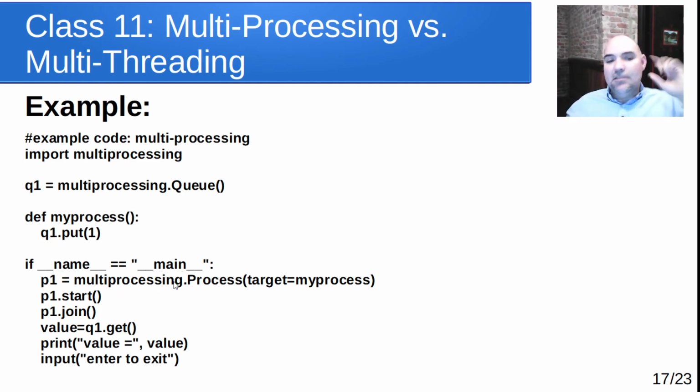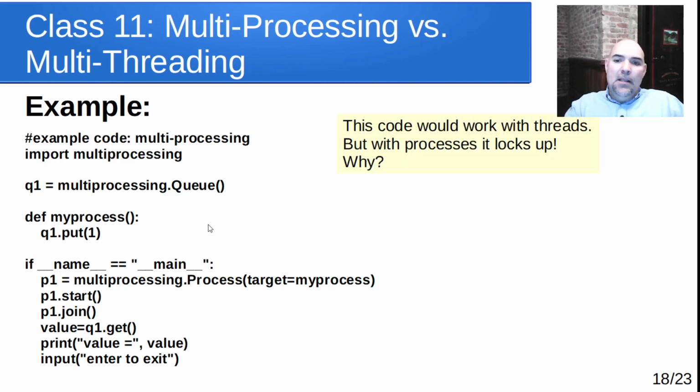So the question is, how do we actually give this process the ability to put things into the queue that can be gotten from another process? The answer is we just have to change our way of using that. Rather than trying to use a global, since globals don't work, it would work with threads, but it won't work with processes.